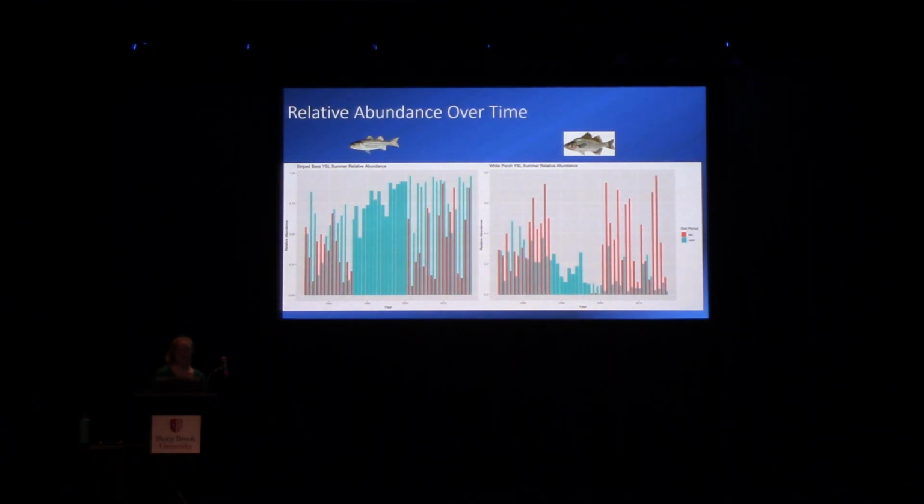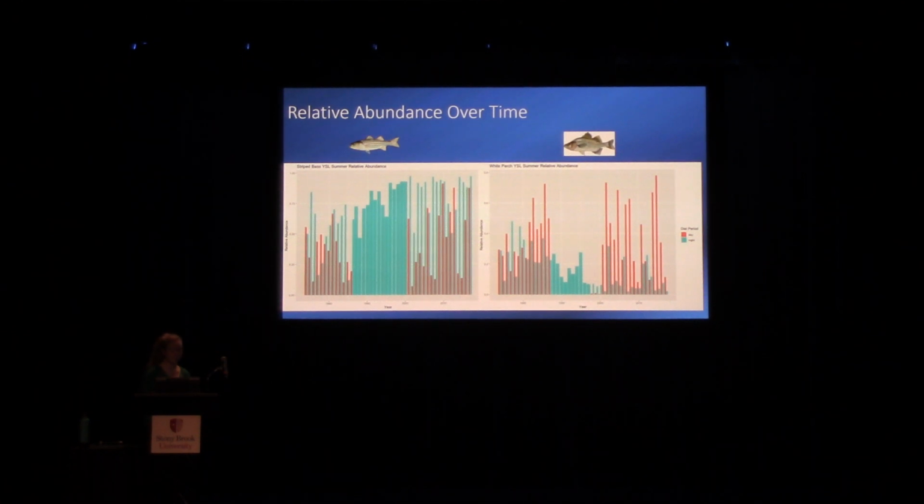So I looked at the relative abundance of striped bass and white perch over the study period, separating it between day and night. And there's a lot of variables in the Long River survey, and so I isolated the data to just be summer data for yolk sac larvae for striped bass and white perch.